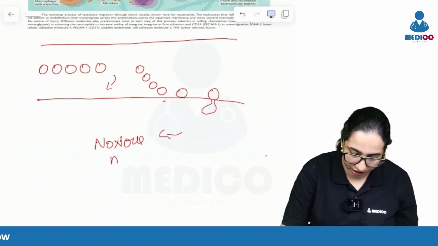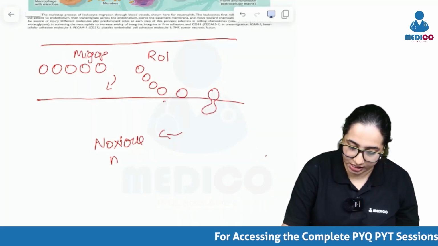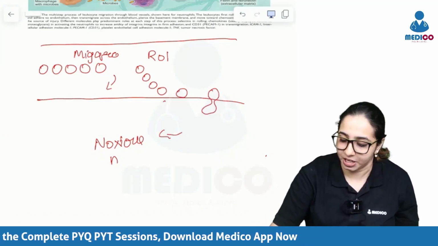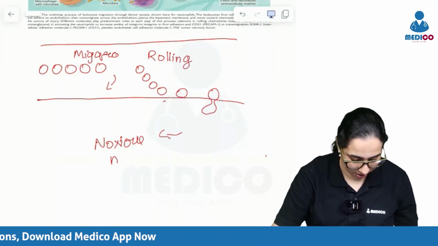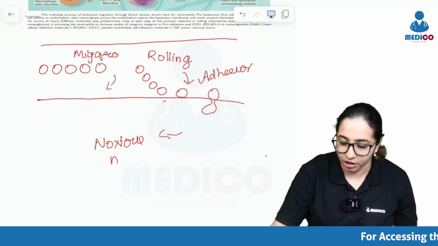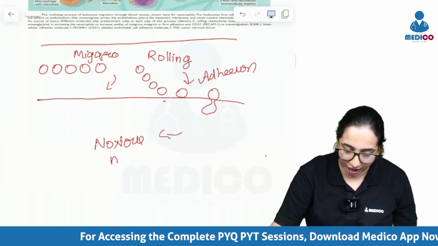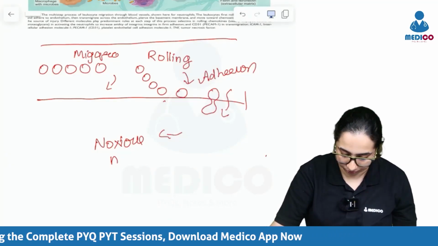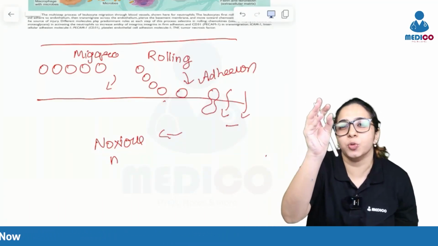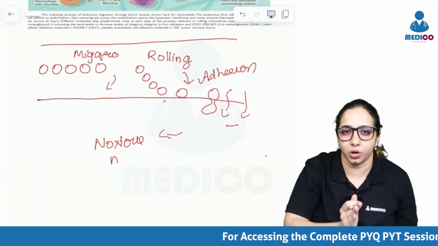So first you have migration. Migration is moving towards the periphery, towards the endothelium. Then you have rolling, and then you have adhesion of leukocyte to the endothelium, and then you have transmigration. Okay, this is known as transmigration. That is, it moves through the endothelium to the outside.